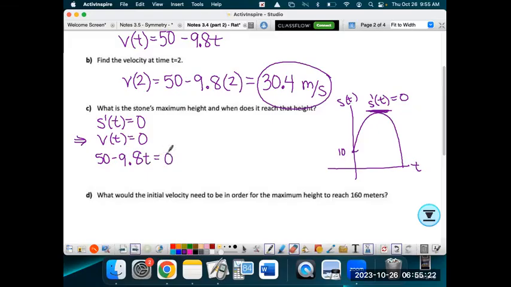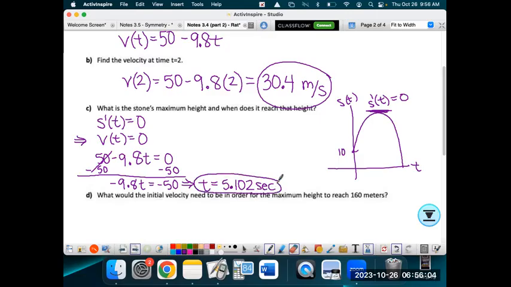Find that time, and then what I want you to do is figure out the stone's maximum height at that time. I will have my answers on the screen here. I'm going to continue writing, and then I want you to make sure that you're checking your answers as I write this. Time was measured in seconds.